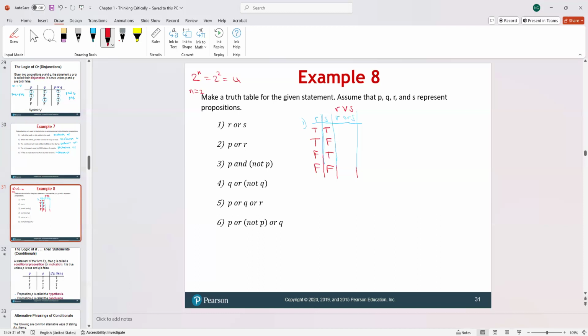Also we said in order for the disjunction to be true, at least one of them must be true. You see here R and S are true, so the disjunction is true. If at least one of them is true, the disjunction is true. The only time the disjunction is false is when both propositions are false. So in this case, the only time it's going to be false is right there.